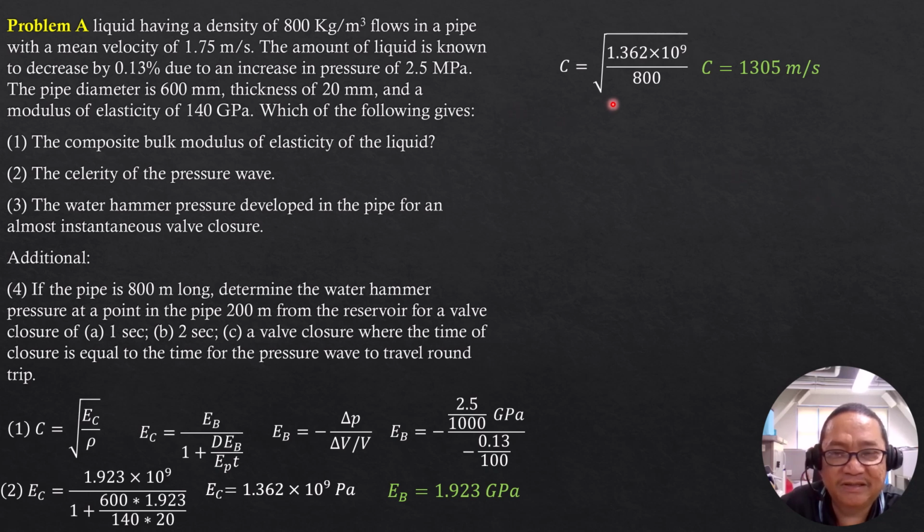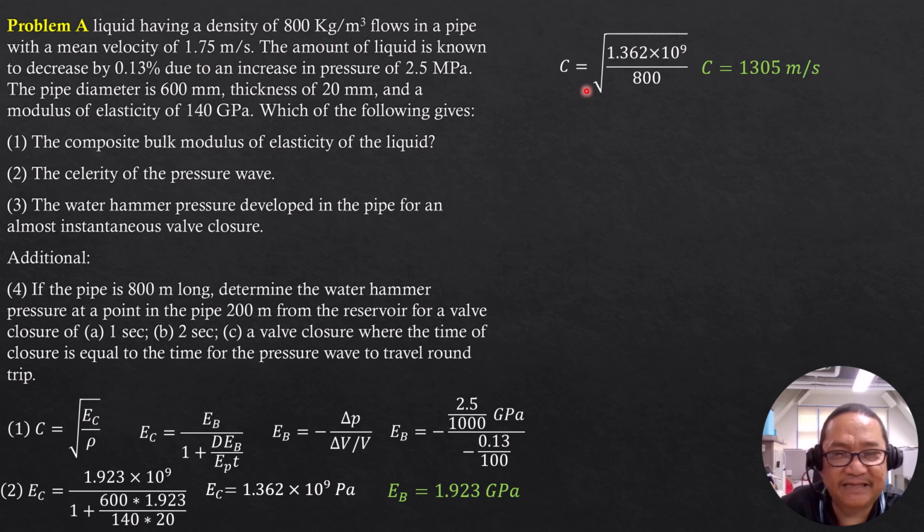So the formula for that water hammer pressure is equal to the celerity of the pressure wave times density times the change in velocity. And since the valve is closed completely, the change in velocity is just 1.75.